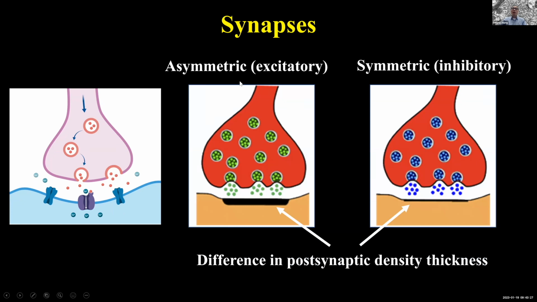An asymmetric synapse has a thick PSD, a postsynaptic density, and a symmetric synapse has similar pre- and postsynaptic density. Asymmetric synapses are usually excitatory in function, and symmetric synapses are inhibitory in function.